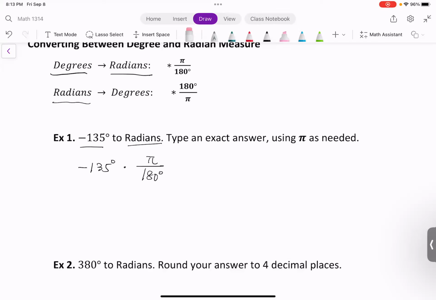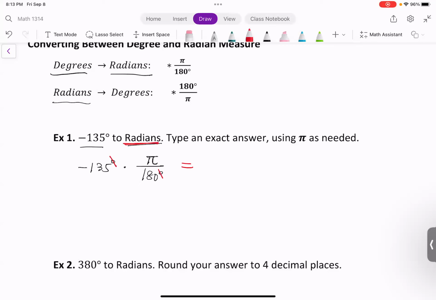If I want to convert from the degree mode to the radian, that means there is a degree here, but in the radian part, there's no degree. I need to cancel out the degree symbol. If I multiply by pi over 180 degrees, the symbol is canceled. You see this degree, they are canceled. Then I can get a radian measure, or the angle in the radian mode.